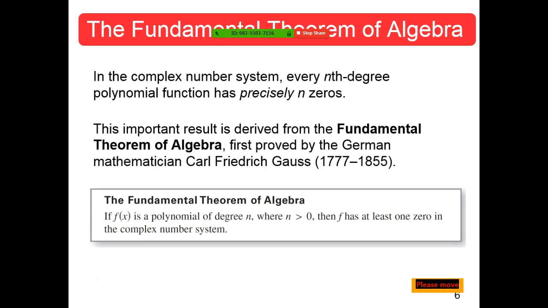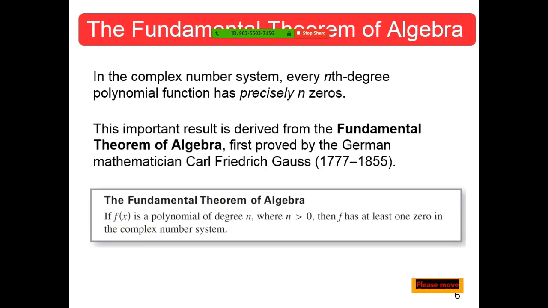So in the complex number system, every nth degree polynomial, that means if it's a second degree polynomial, the n is 2. If it's a 7th degree polynomial, the n is 7. Okay? And it says here, every nth degree polynomial has precisely n zeros, which means a quadratic always has 2 zeros.